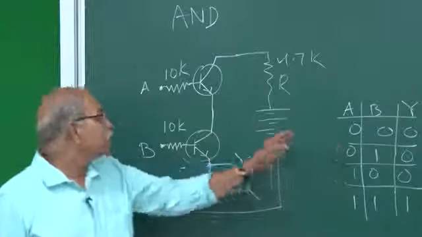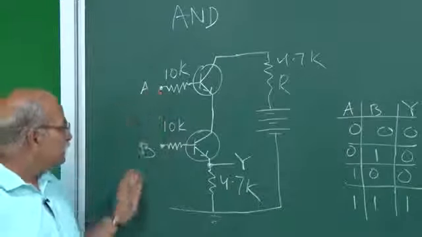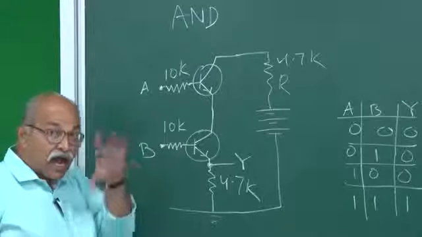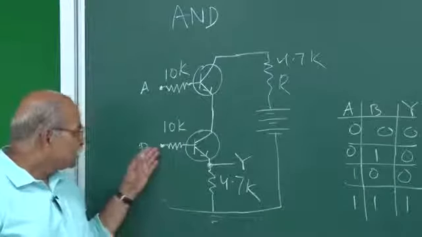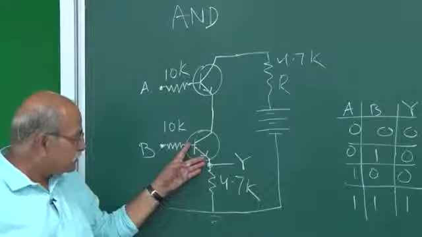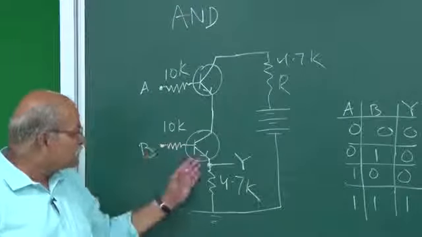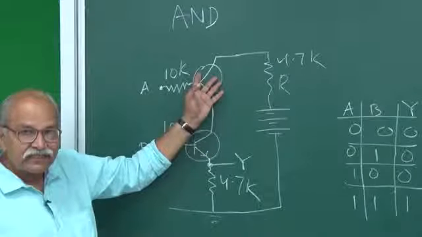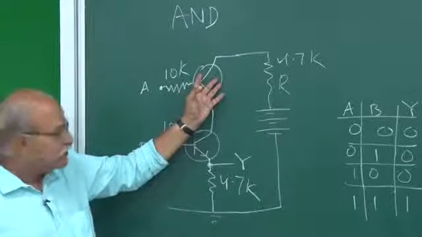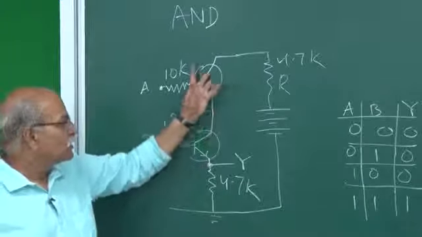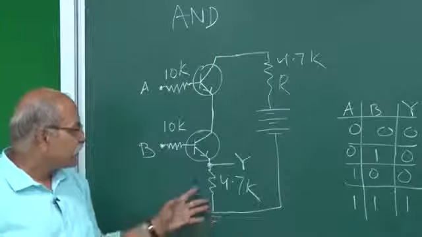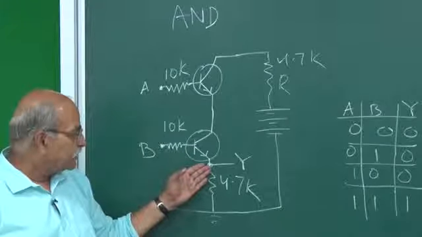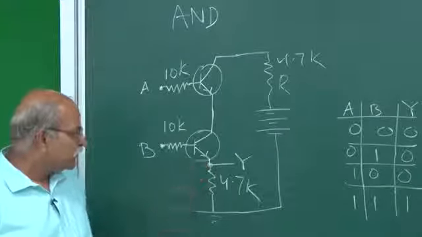What about A is 0, this is grounded, but then B is 1, here you are giving that high voltage. So, this transistor is in conducting mode because of this biasing, but the current cannot go because the current will be blocked here, this is in cutoff mode, and ultimately the same story, no current goes through anywhere, and then you have the same 0 output here. Okay.